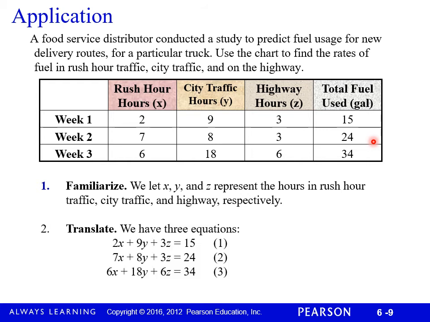So we have 3 equations just using the variable times the number of hours for each week, and then adding them up to see how much total fuel was used. And here x, y, and z represent the hours in rush hour, city traffic, and highway respectively.